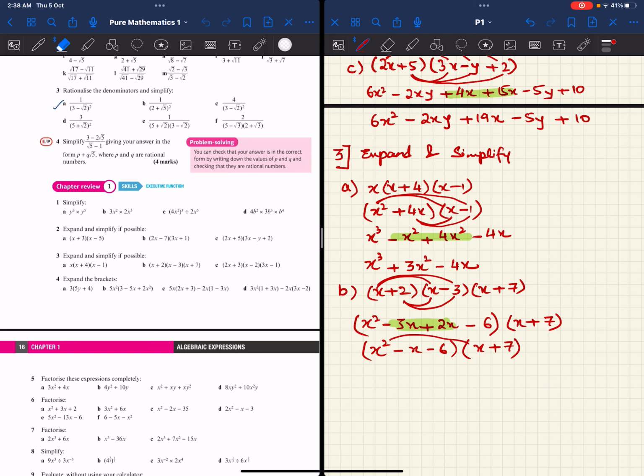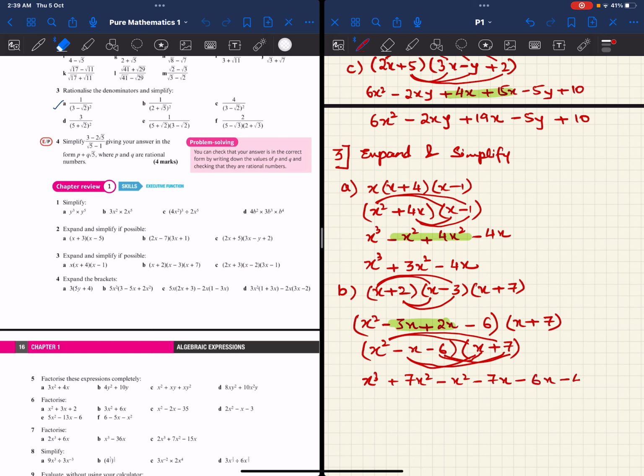So x squared into x gives us x cubed. x squared into 7, 7x squared. Then minus x into x gives us minus x squared. Minus x into 7 gives us minus 7x. And minus 6 into x gives us minus 6x. Minus 6 into 7 gives us minus 42.